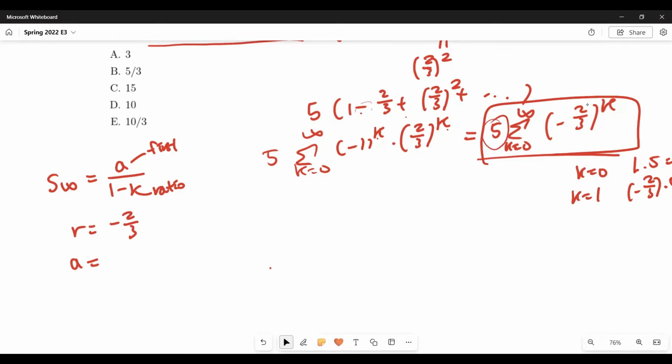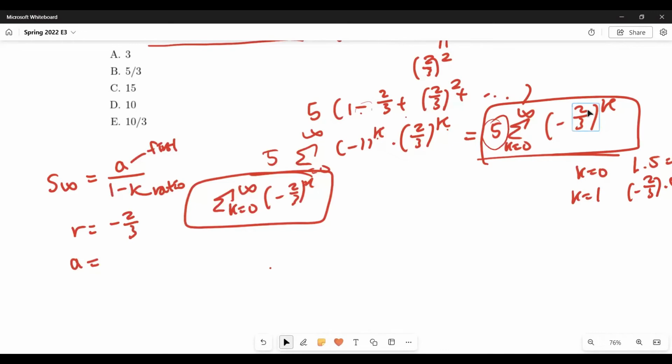We are just looking at the sum from k equals 0 to infinity of negative 2 over 3 to the k, not the 5. So our first term is negative 2 over 3 to the 0, which is 1. And many people might wonder, where do we incorporate the 5?